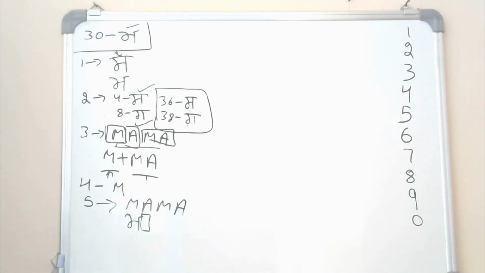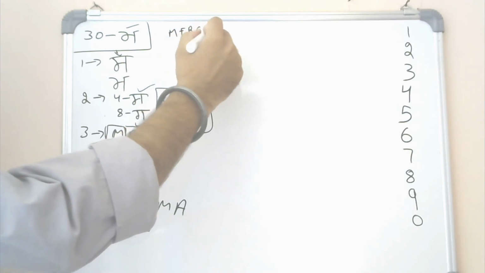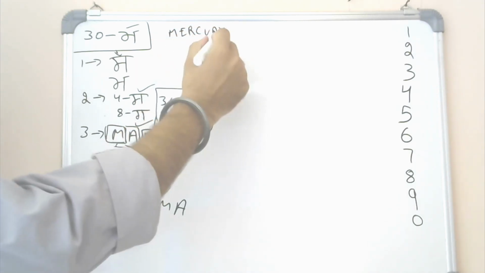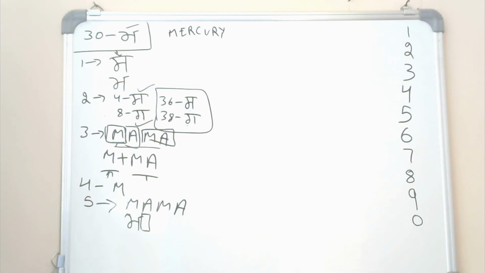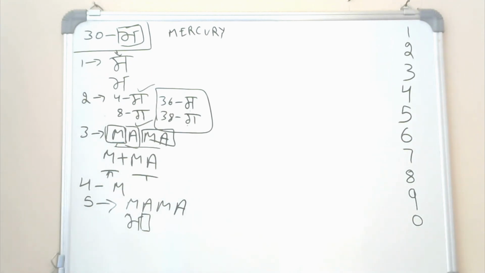Another example I can think of is Mercury. In Mercury, we will be having this letter without attaching any symbols, which is very cool, because when you attach the symbols, it just gets so complicated.